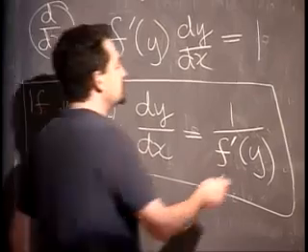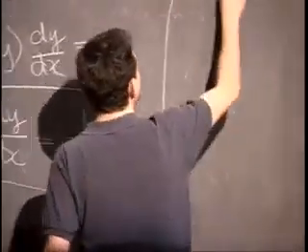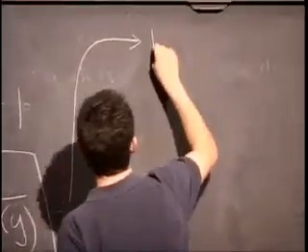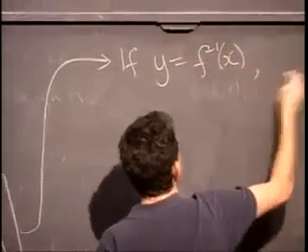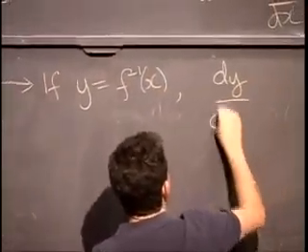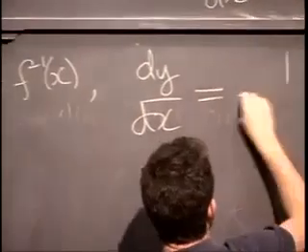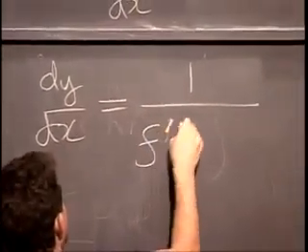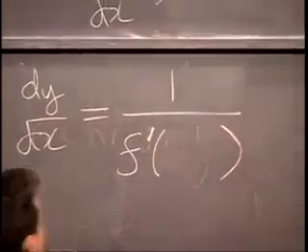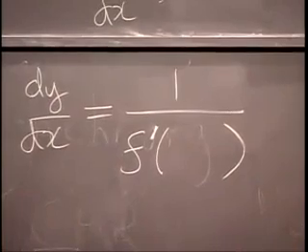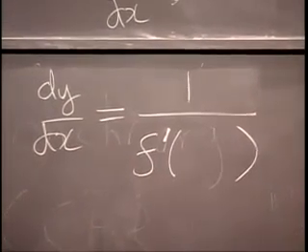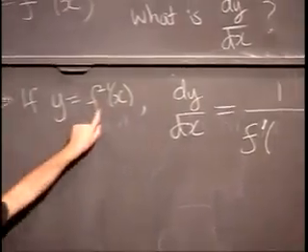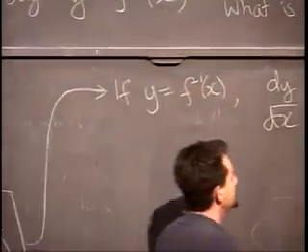In fact, to show you what the full formula is like, let's repeat: if y is f inverse of x, dy dx equals 1 over f prime of y. But instead of y, here's the y down there. What is y? y is f inverse of x.